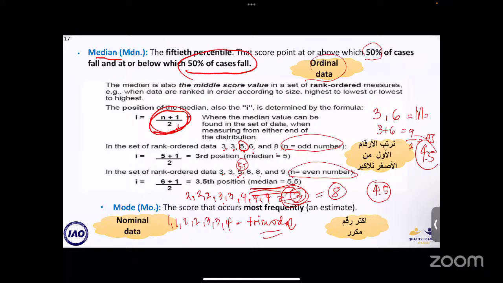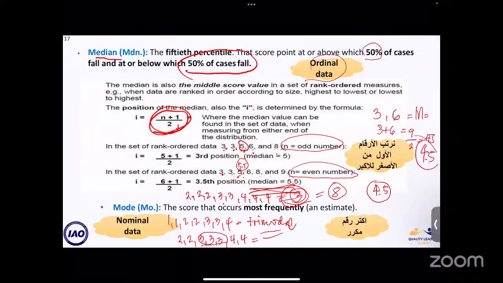What about, for example, here, 2, 2, 3, 3, 3, 4, and 4? 3 occurs more times. Okay, the number 3 occurs the most, meaning 3 times.